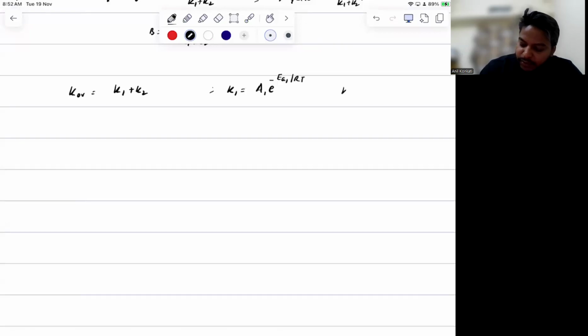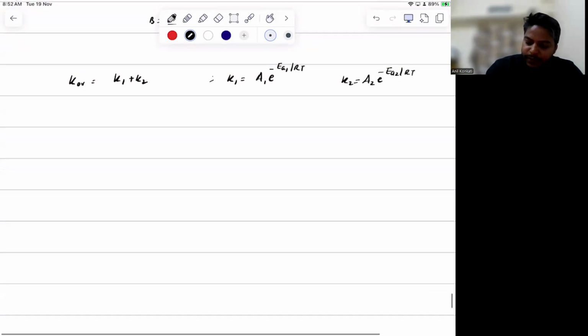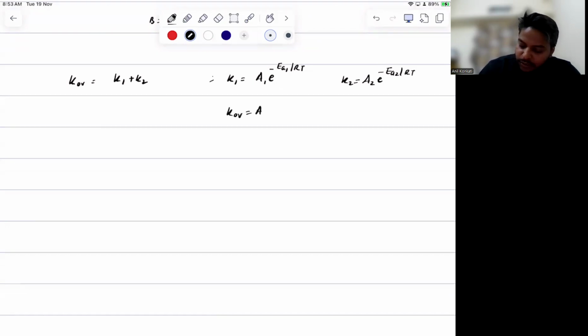Similarly, K2 can be written as A2 e raised to the power of minus EA2 by RT. Now, I differentiate that with respect to T. And overall, I can also write k overall is equal to A overall e raised to the power of minus EA overall by RT, right?